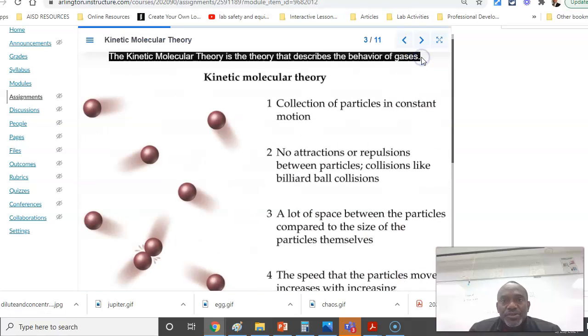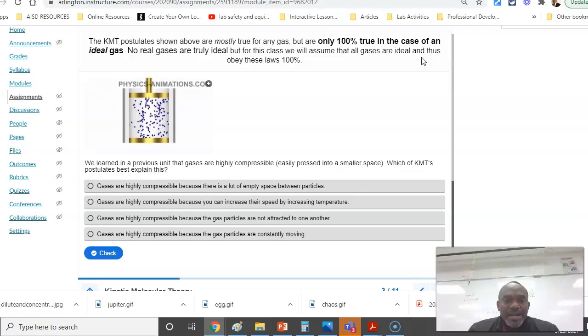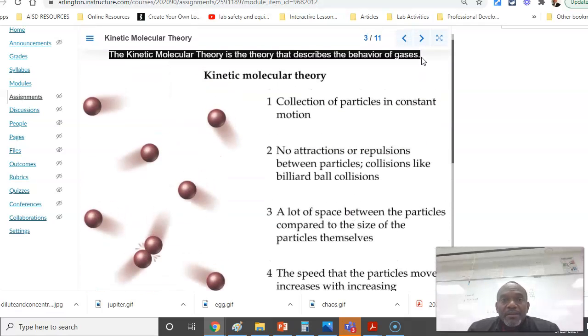Now, the third screen is where the information on kinetic molecular theory is. There are about 4 of them I want you to go through, and then you will answer the questions that follow. Okay? Now, the kinetic molecular theory simply tries to explain the properties of gases.